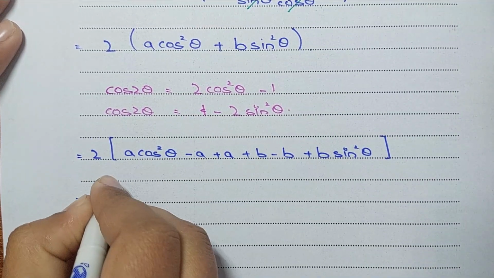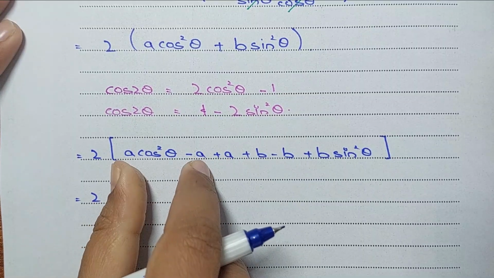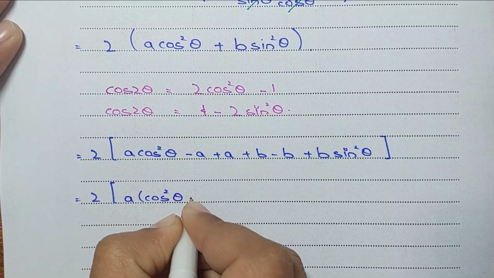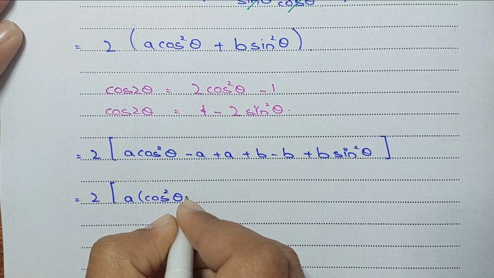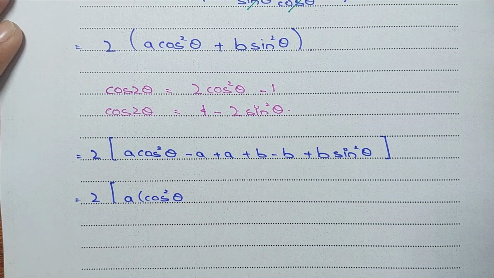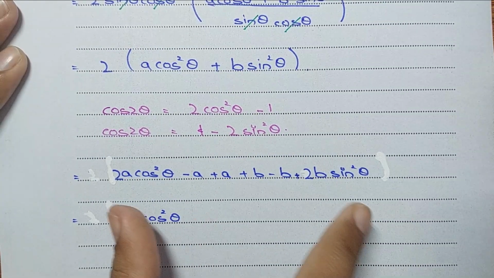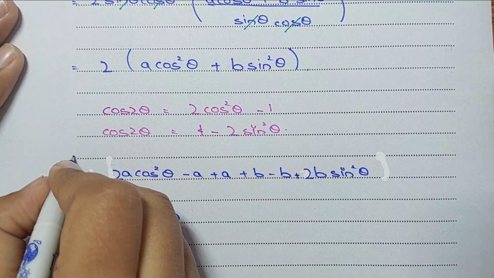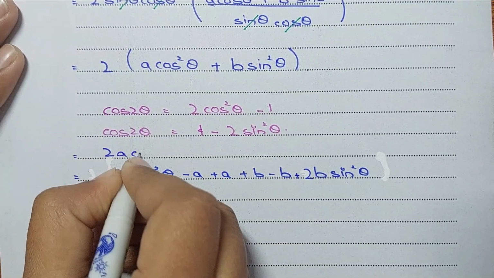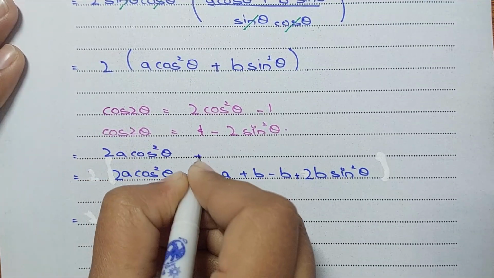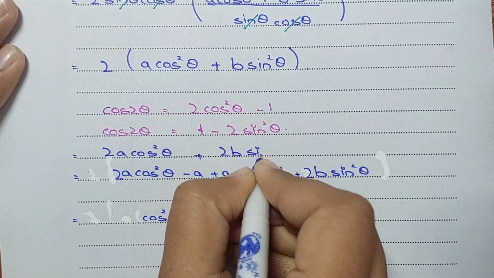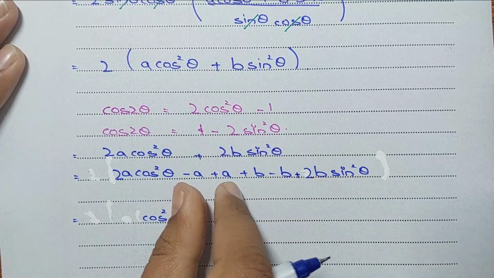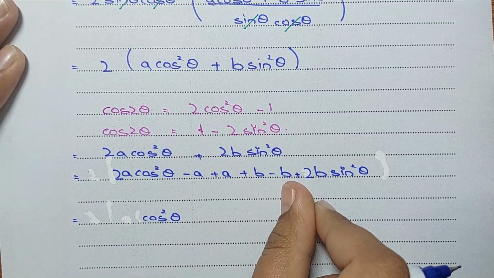Okay, so 2 is outside. Wait a second, before adding and subtracting b, I would like to open this 2. So we have 2a cos square theta plus 2b sine square theta. So 2a cos square, 2b sine square is as it is, just plus minus a plus minus b.